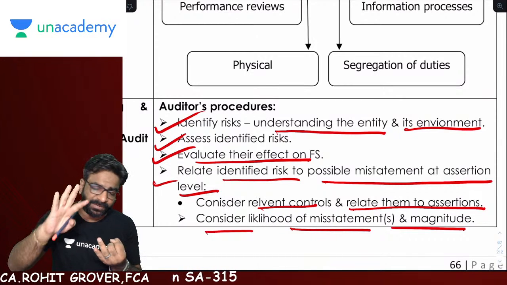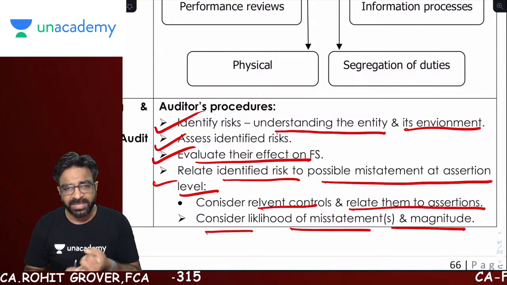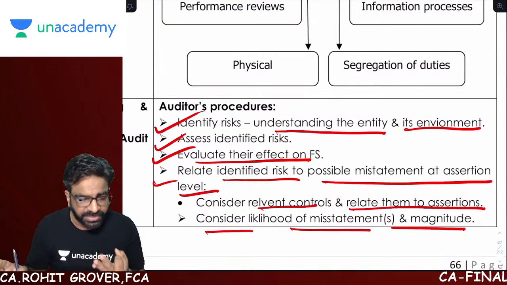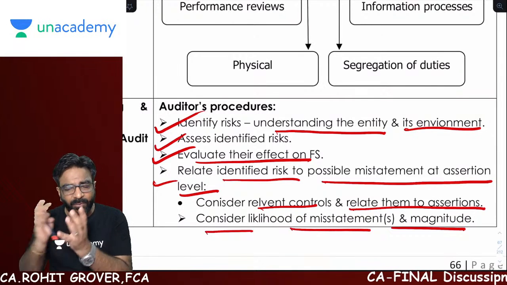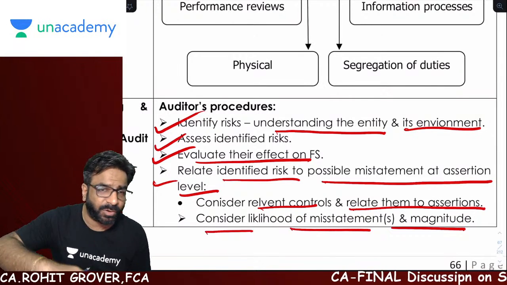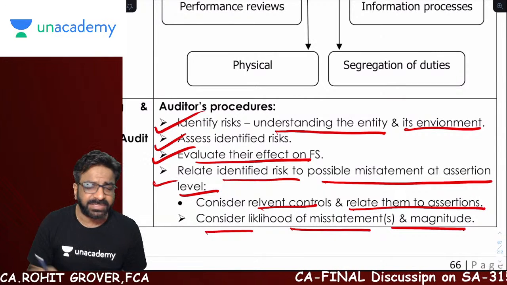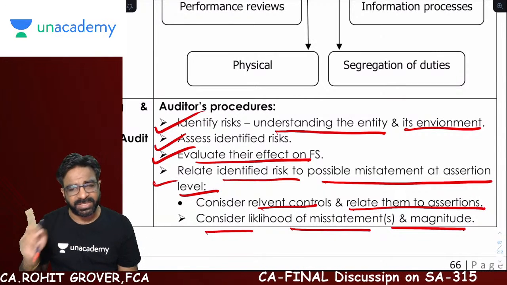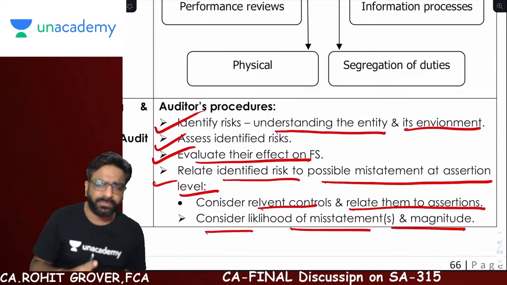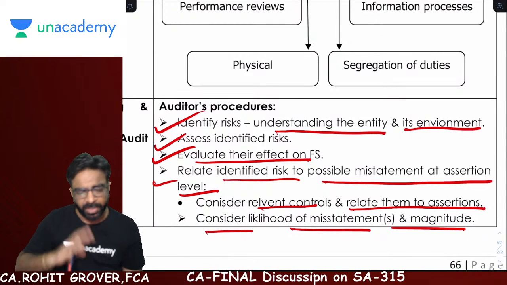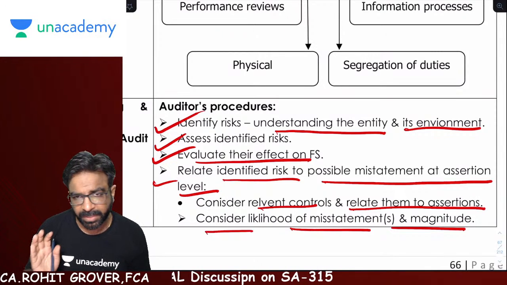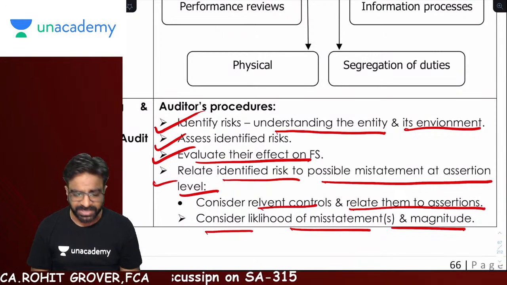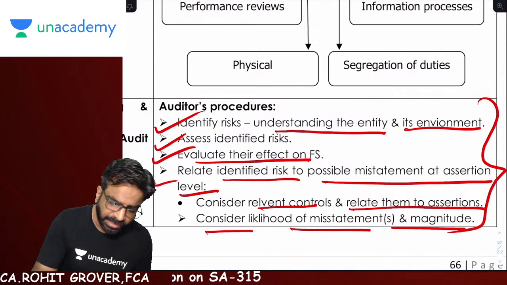First identify the risk, then assess the identified risk, then evaluate their impact on the financial statements, then correlate them with the other risks and the possibility of them causing a material misstatement. Then consider the relevant controls and relate them to the assertions. Consider the likelihood of those particular misstatements and also the magnitude of those particular risks in the entity. So these are the audit procedures relating to SA-315.